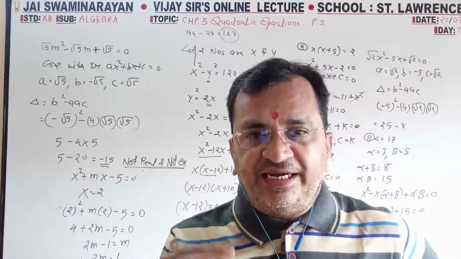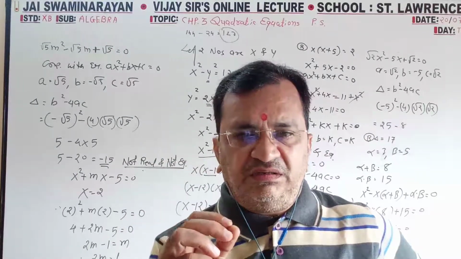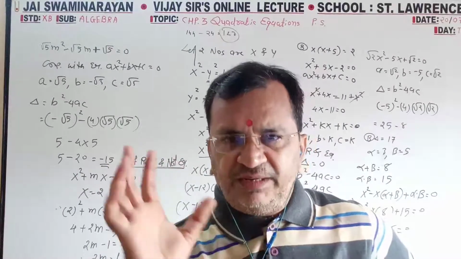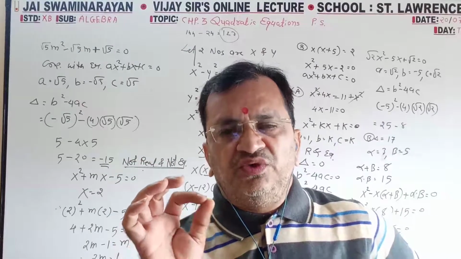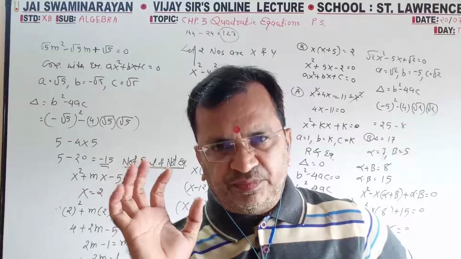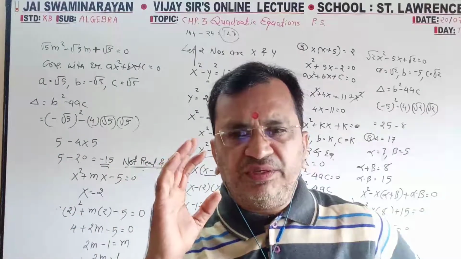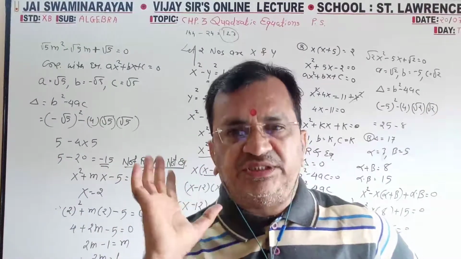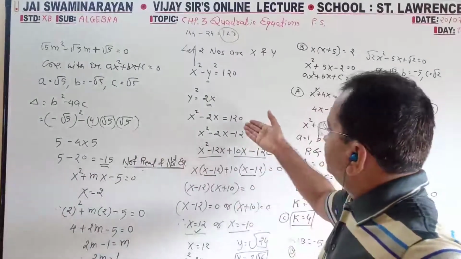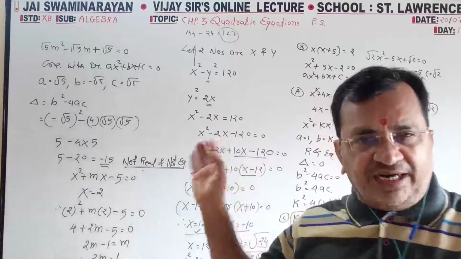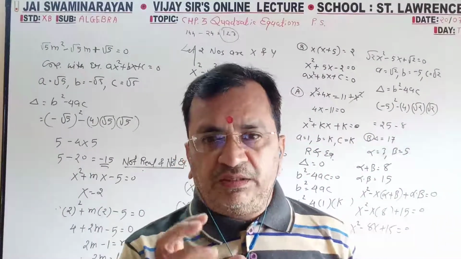Like that they can create the question. But if the concept is very clear in MCQ, you will be the master. Because these MCQs you have to answer on the basis of concept. Here I can change the number, instead of 120 I will write 130. So you should not be confused, but you know the method.